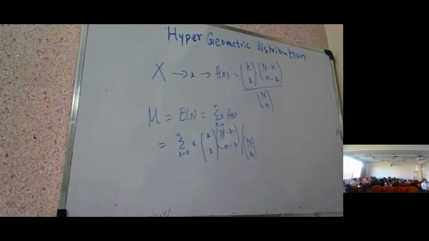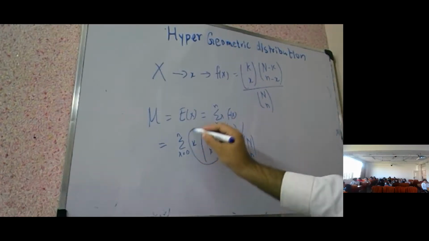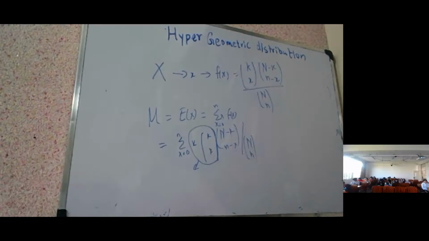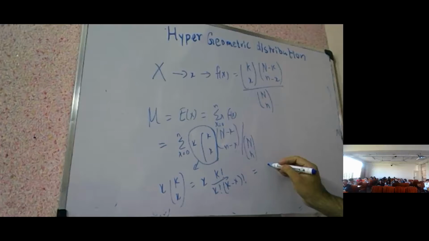Now we can simplify this one. So take this out and just try to simplify it. We can say x times kCx can be written as x times k factorial upon x factorial and (k minus x) factorial. And this can be further written as x times k factorial upon x into (x minus 1) factorial and (k minus x) factorial.